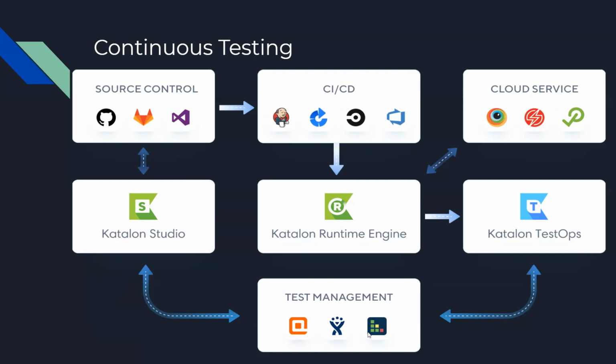Firstly, it is test management. Test management is where requirements from the user stories come, and we write our manual test cases. For that purpose, we always need a tool, so we use Jira, qTest, or TestRail.